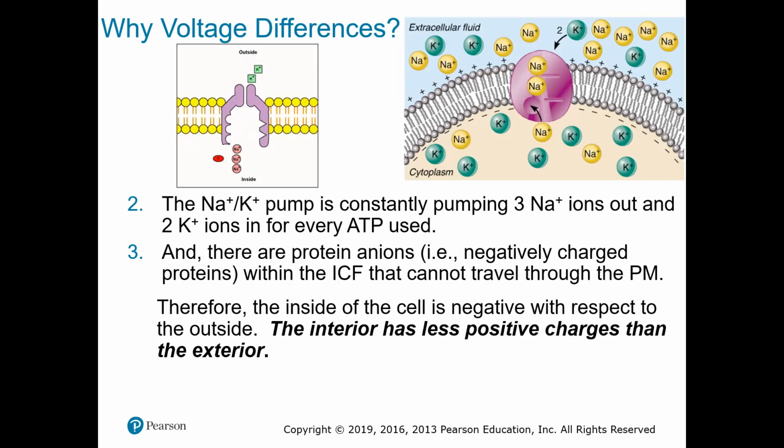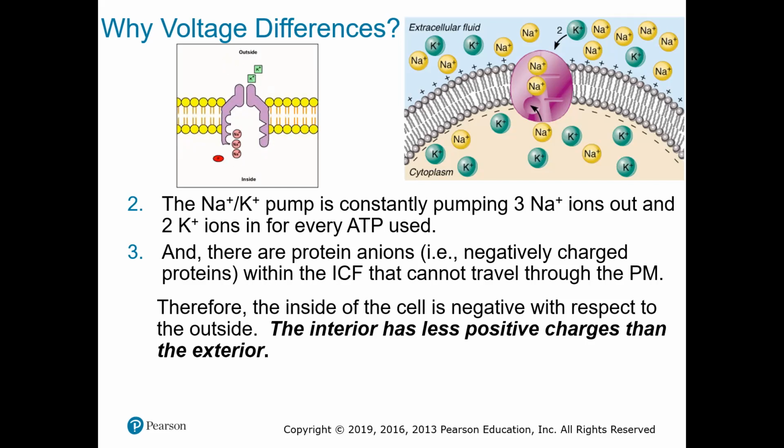We are always trying to maintain high sodium on the outside and low sodium on the inside. We want high potassium on the inside and low potassium on the outside. In other words, the outside of the cell is more positive than the inside.